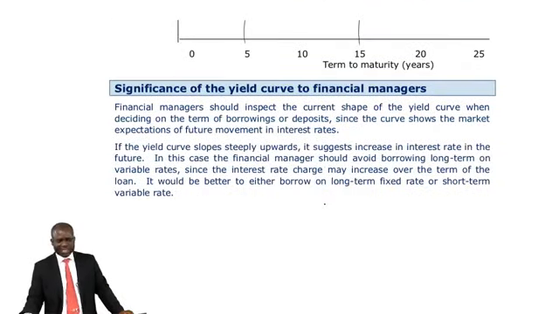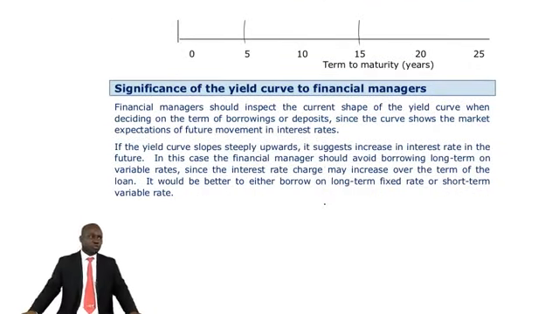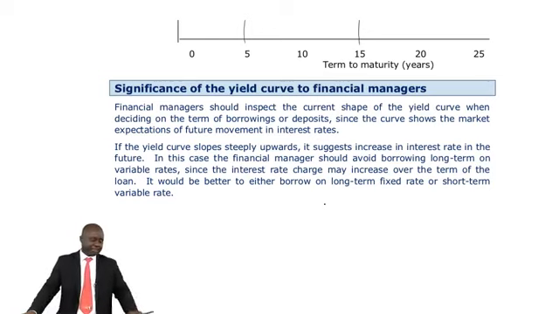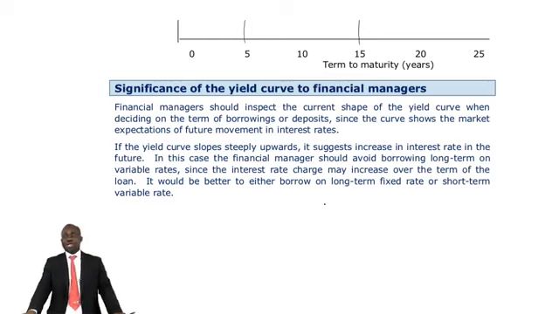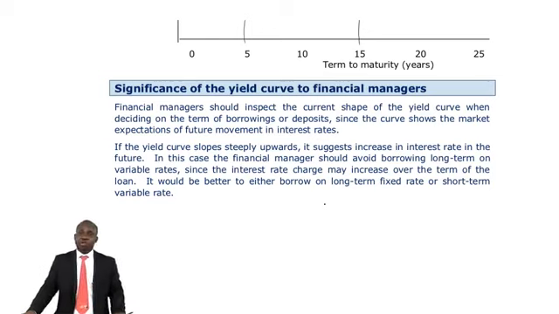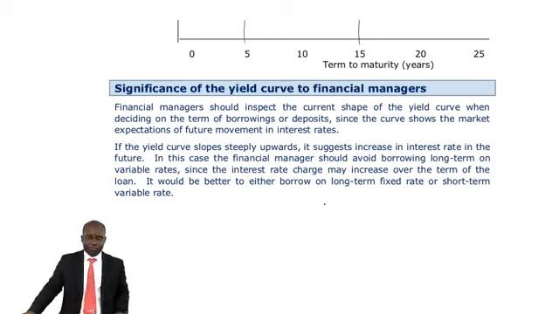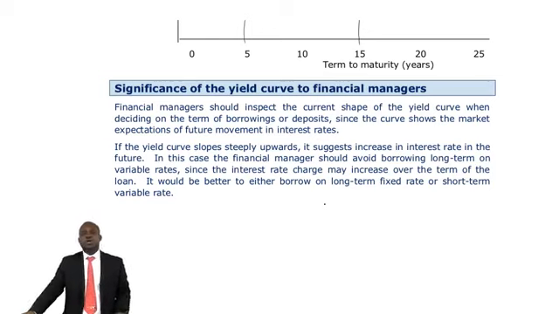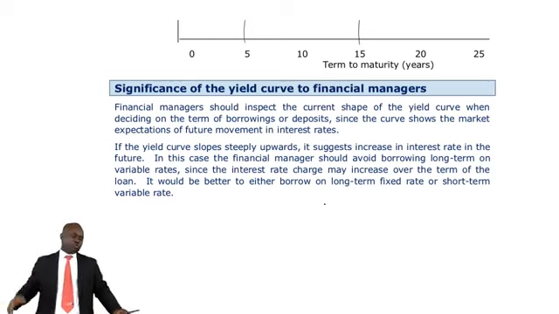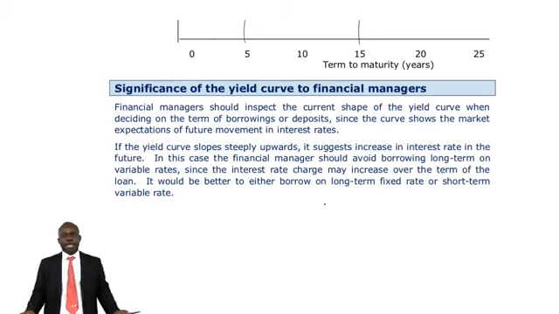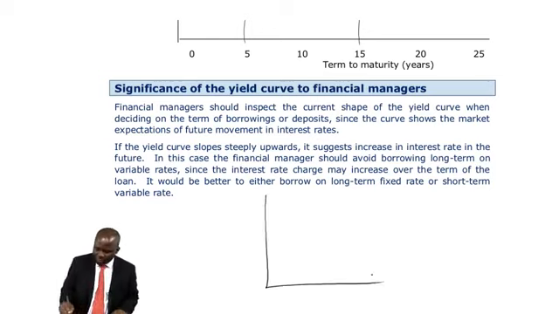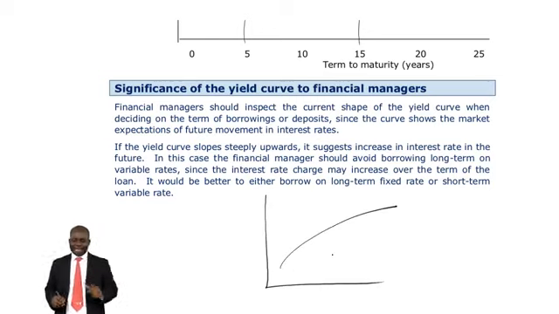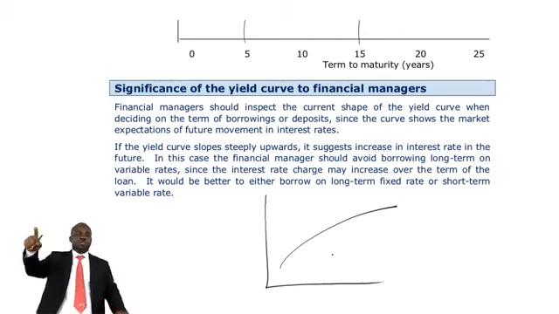Okay, what is the significance of the yield curve to you? The significance of the yield curve to you is simply that you can look at the yield curve and come out with your financial strategy or your investment strategy. If I am going to borrow for a very long time, and I see the yield curve positively sloped like that, it means the market is expecting long-term interest rates to increase.